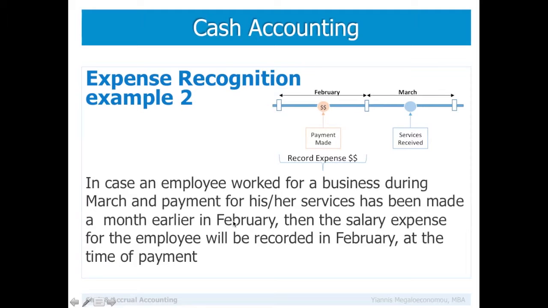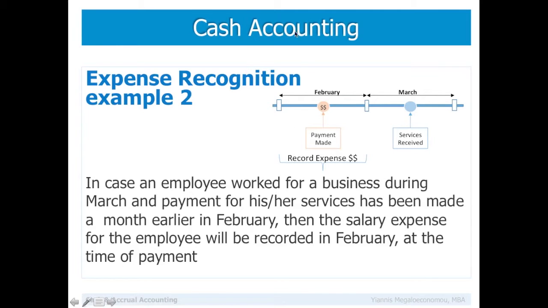So, in other words, the employee received the prepayment from the business. We have here the month of March, which is services provided by the employee, and here we have the month of February, during which the employee was paid. So actually we have the payment that took place.